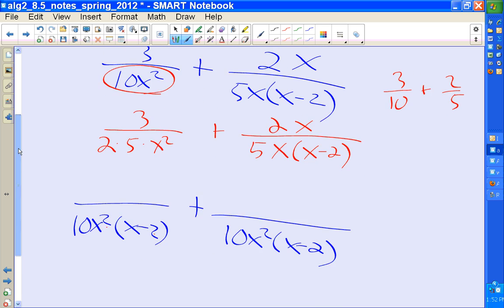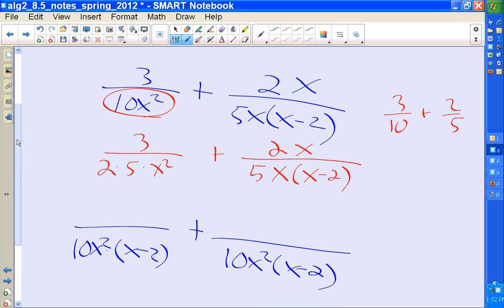Now, what did you do to 10x squared to get 10x squared times x minus 2? Multiply by x minus 2. So we're going to do 3 times x minus 2. What did we do to 5x times x minus 2 to get to 10x squared times x minus 2? 2x, so we're going to have 4x squared on the top.